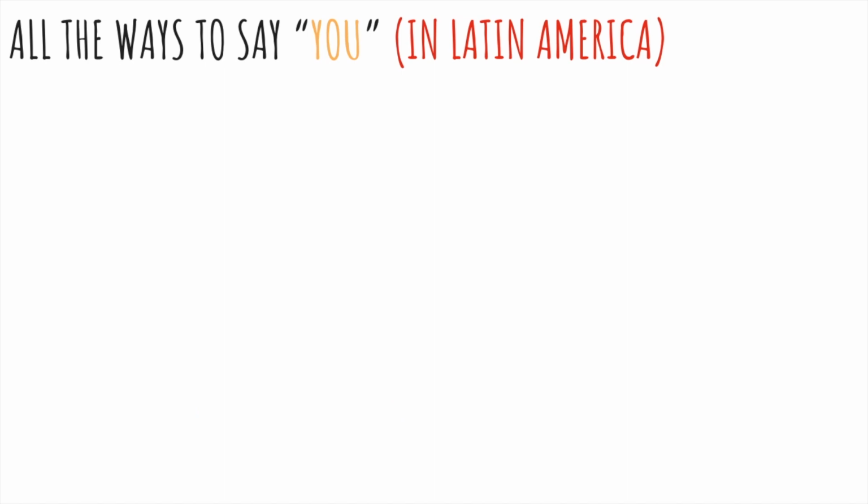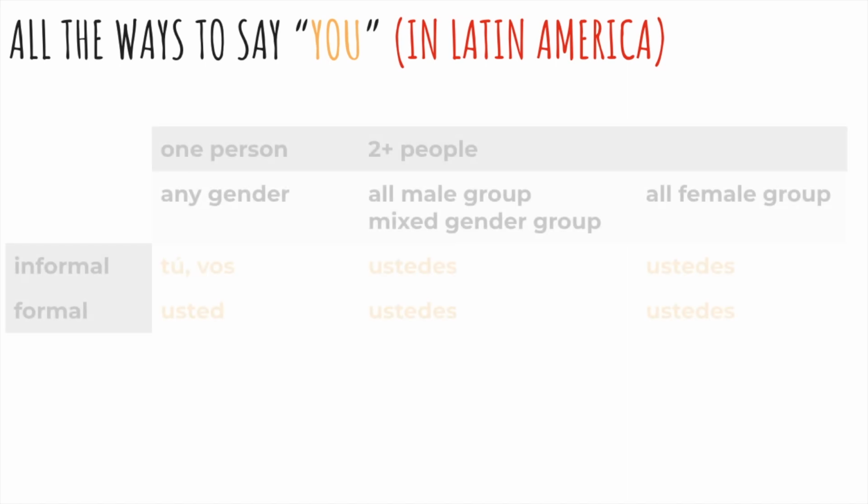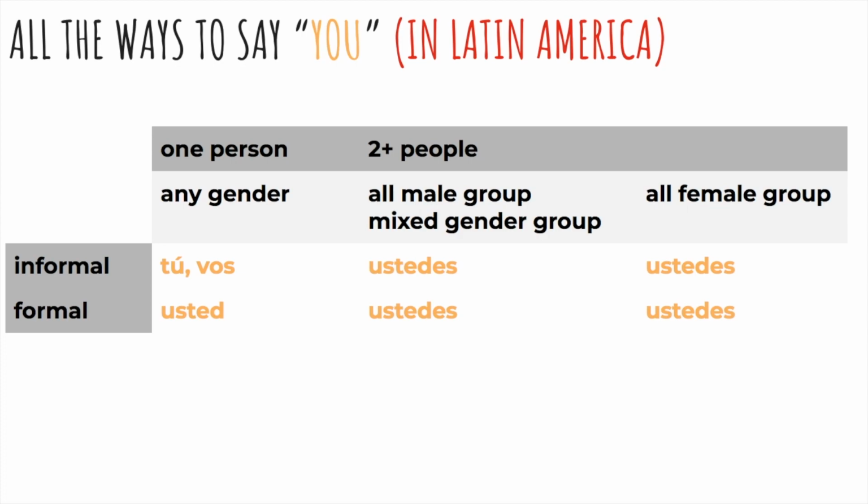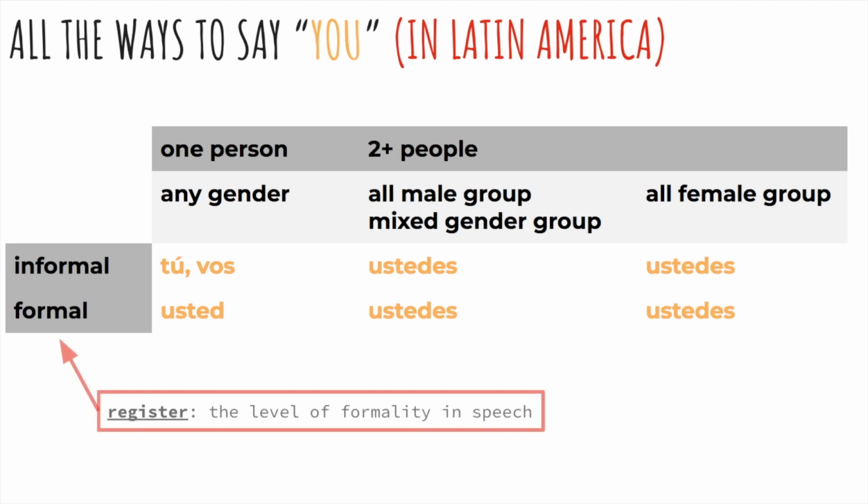Moving on to Latin America, here are the various ways to say you. Whenever you are addressing a group of people in Latin America, you don't need to worry about gender or register. The plural you is always ustedes. The distinction between tú and usted is the same in Latin America as it is in Spain, with tú being informal and usted being formal.